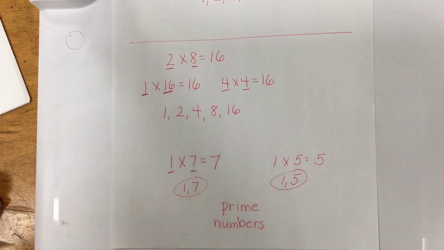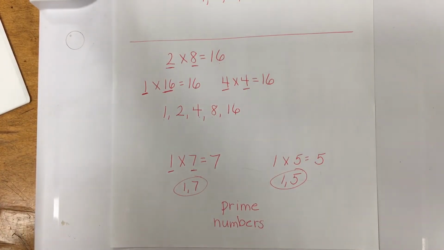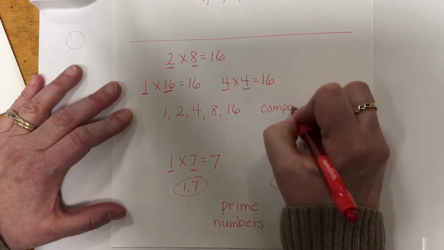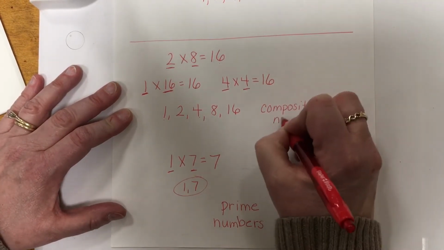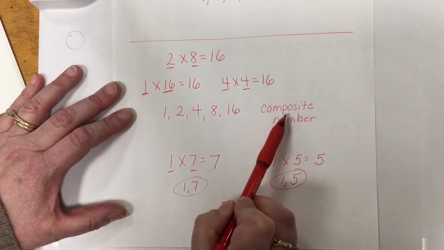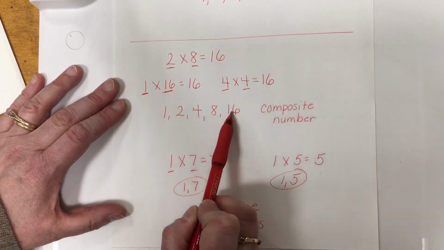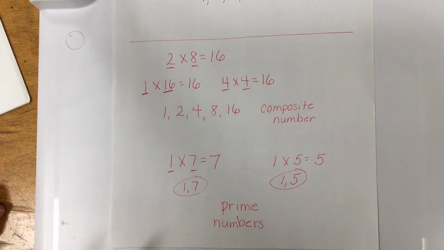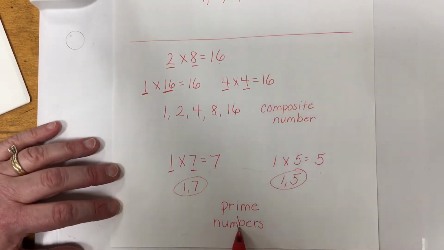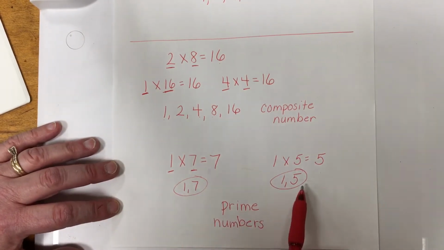When there are more than one set, we call it a composite number. 16 is a composite number because it has 1, 2, 3, 4, 5 factors. 7 and 5 are prime numbers because their only factors are 1 times themselves.